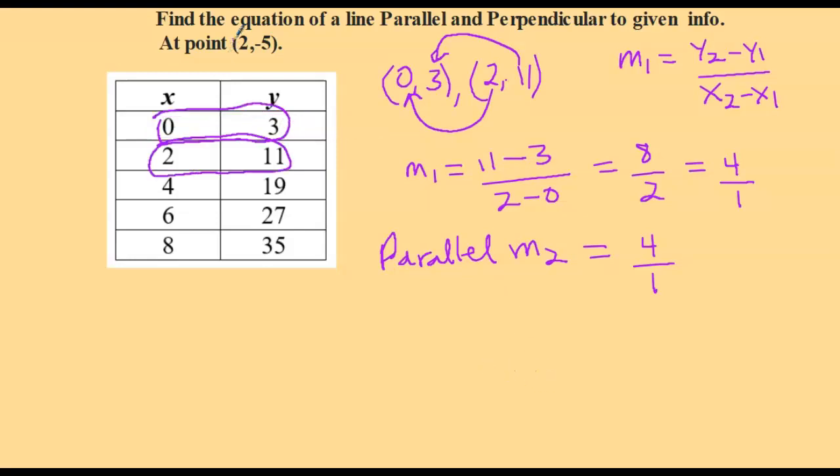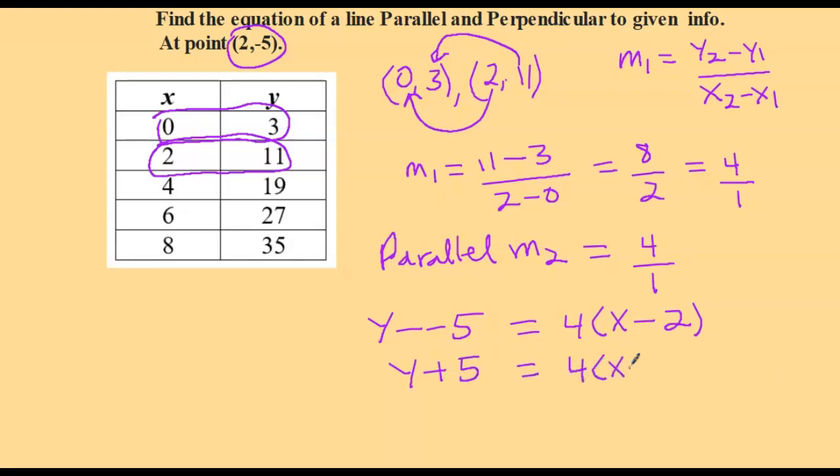And then they want to write the equation with respect to this given point here. So it will be just y minus 5, the slope is here, so 4 times x minus 2, which becomes y plus 5 equals 4(x minus 2). We can leave it as this. We are not going to distribute because we can leave it in point slope form.